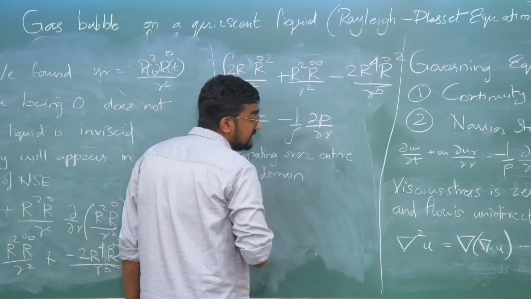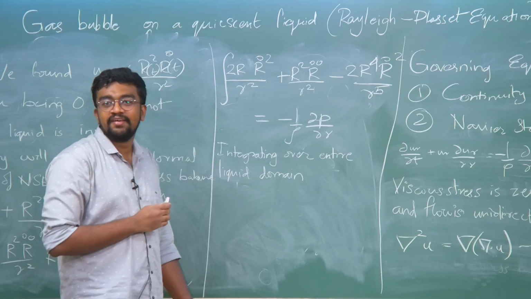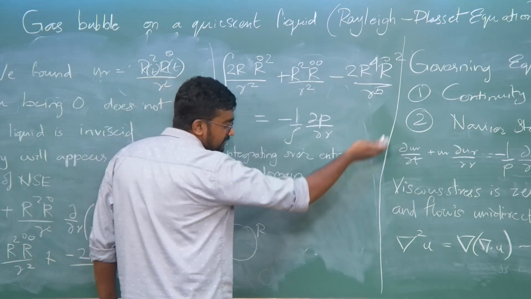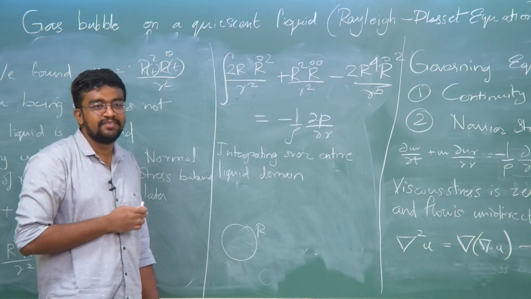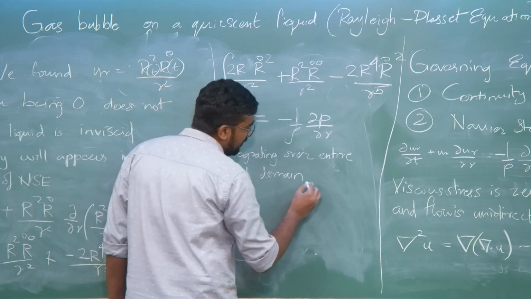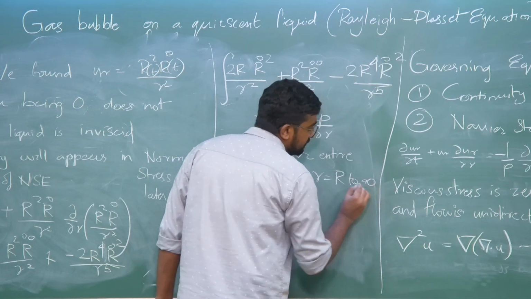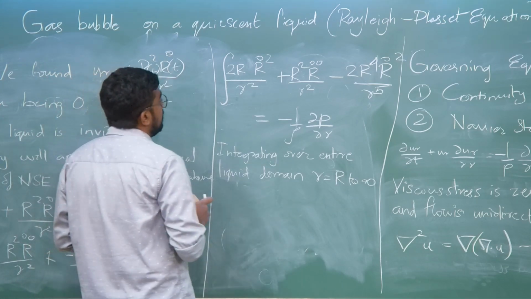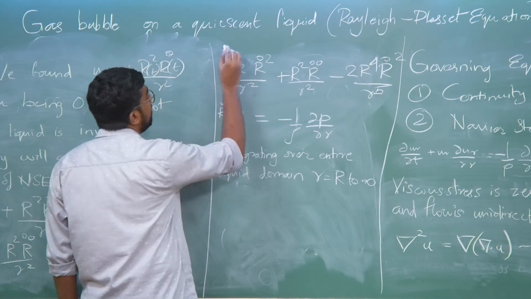So what is the range of the liquid domain? Please respond. We have liquid from R to infinity. So it goes from r equal to R of t to infinity.